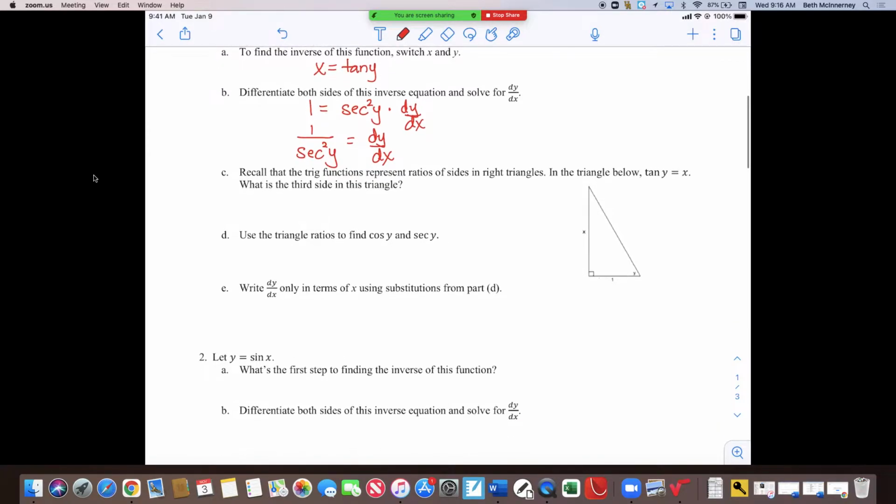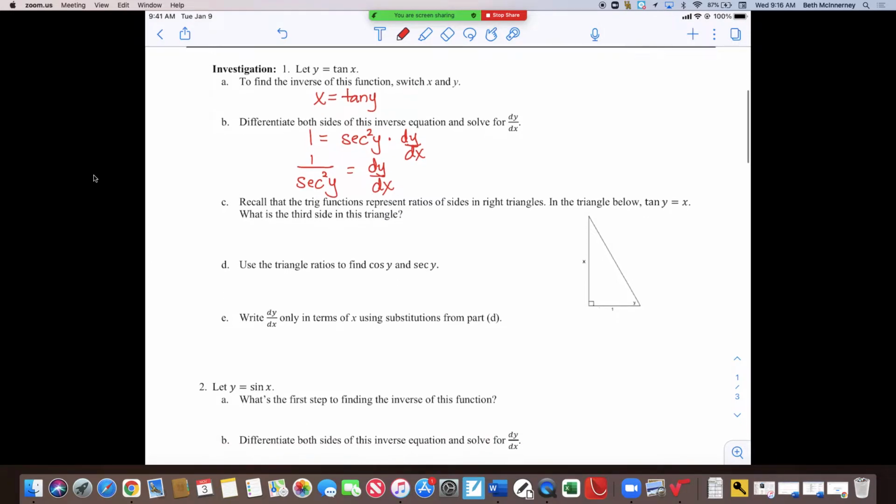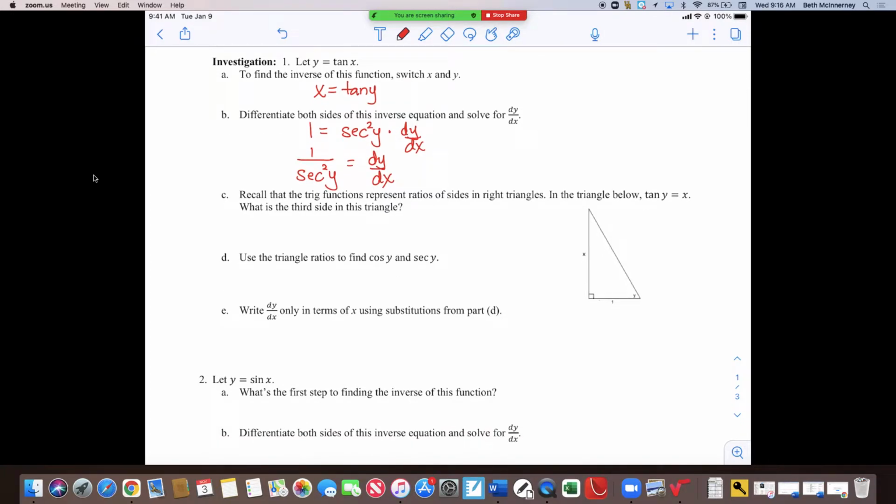All right, well, we want this in terms of x, okay? So I'm going to develop how we're going to get there. If you look at this triangle to the right, I have y as my angle, and tangent y is equal to x, because this is what we got. Remember, we said tangent y equals x. So what would be the missing side of that right triangle that's x over 1? How would you find the missing side?